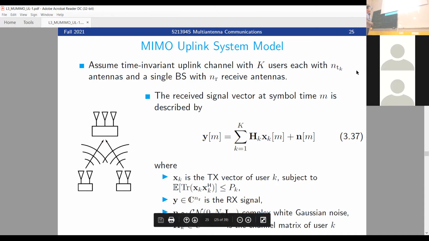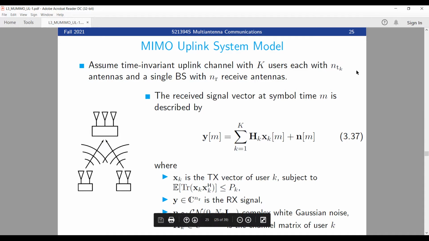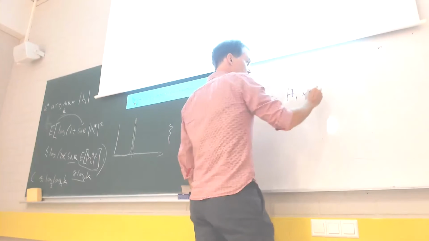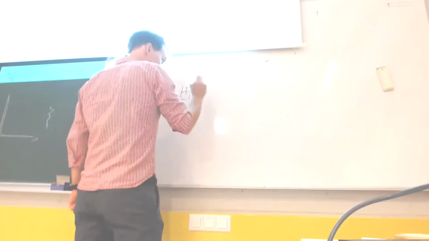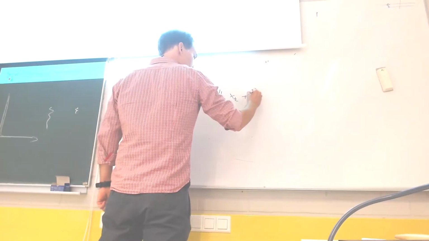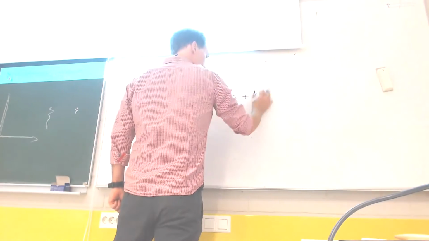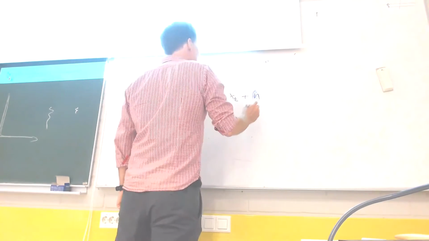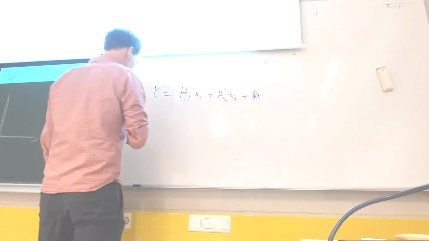So, the received signal now consists of transmitted signal vectors, x_k. So we have now two users here. In this particular example, we have x_1, so now matrices and vectors, plus H_2 x_2, plus n. Right.